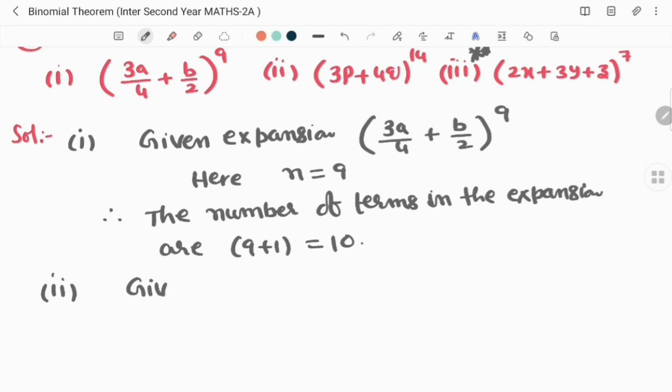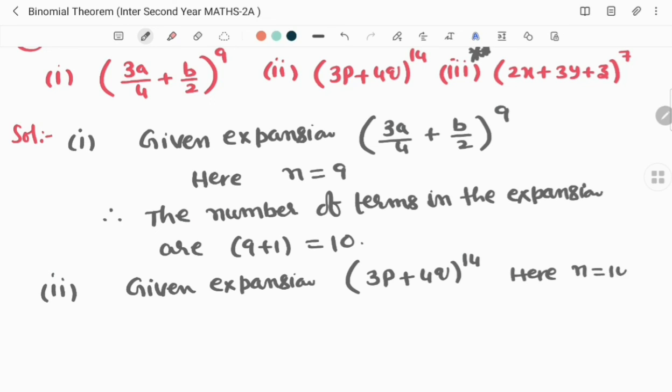Given expansion, (3p plus 4q) whole power 14. Here n is equal to 14.